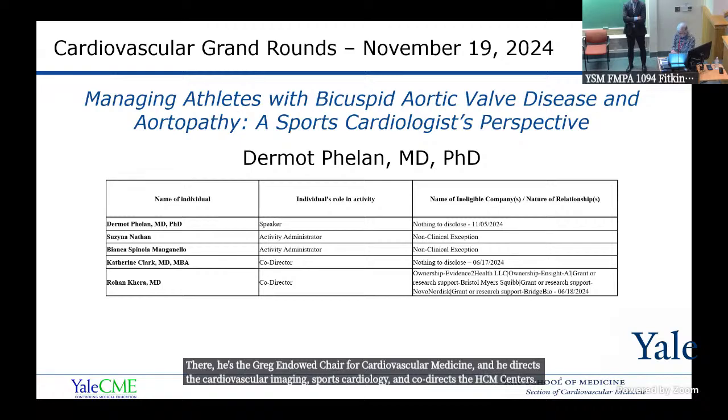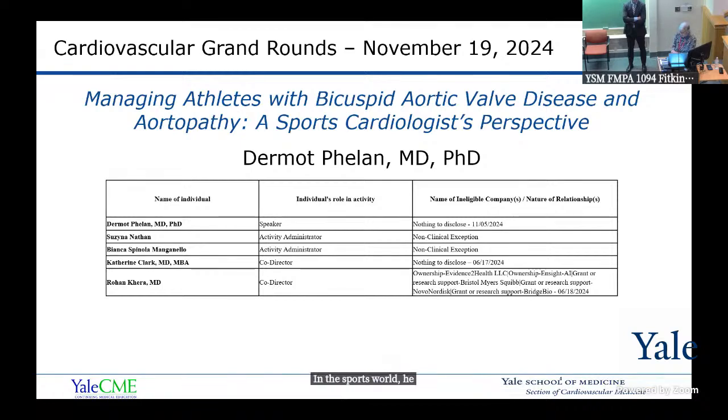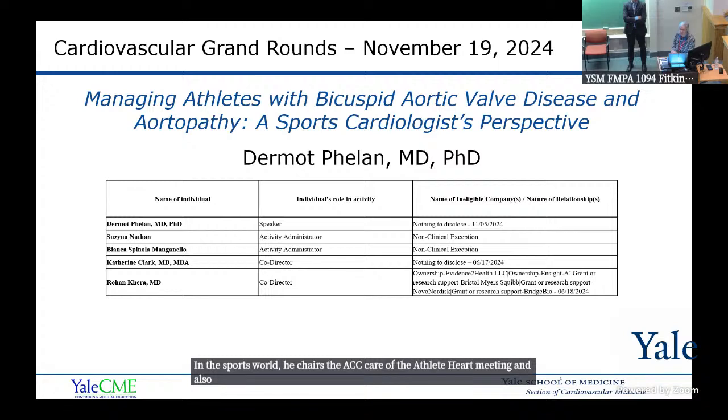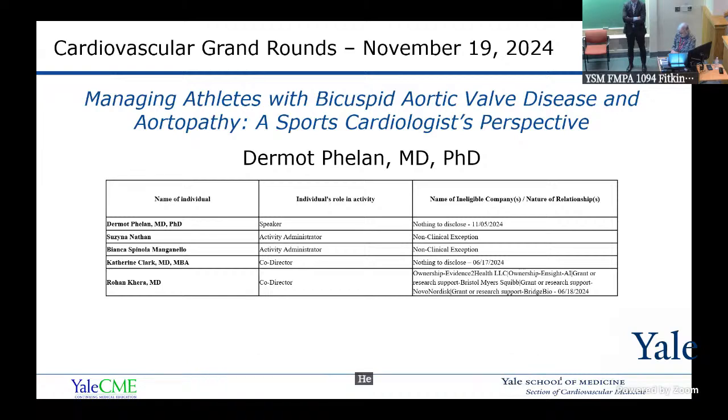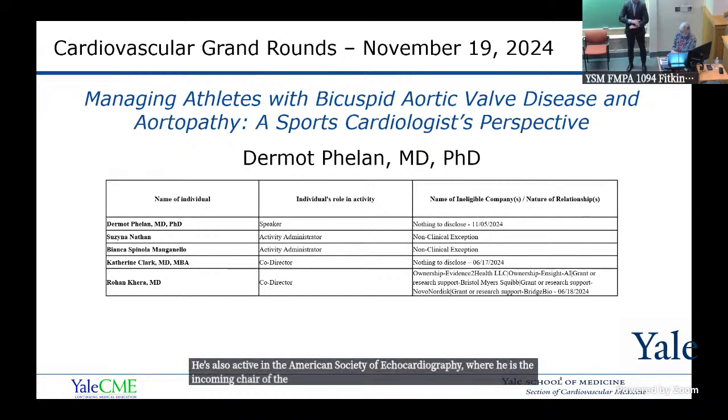In the sports world, he has chaired the ACC Care of the Athlete Heart meeting, and also chairs the Cardiology Advisory Task Force for the NFL, and serves in similar roles for the NBA and Major League Baseball. He's also active in the American Society of Echocardiography, where he is the incoming chair of the program for the upcoming meeting. He's speaking to us today on aortic valve and aortic disease in athletes. I'm so pleased to welcome Dr. Phelan.